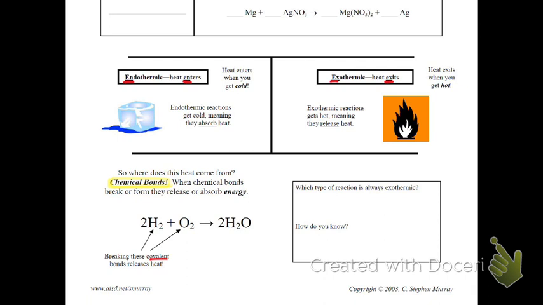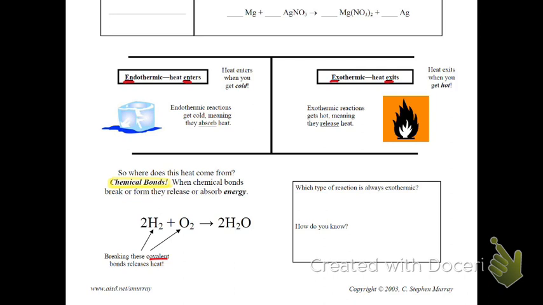All right, so which type of reaction is always exothermic? There was one keyword in your list. Exothermic means what's happening to your heat. It's releasing. This is going to feel hot.